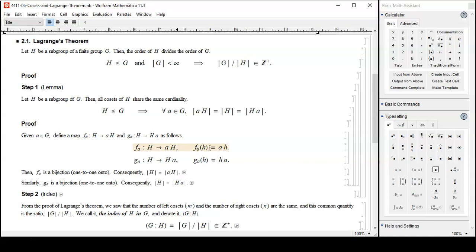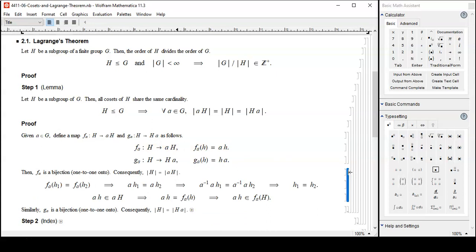That means if I have the same function value, AH, then I should have begun from the same h value. And then onto, this will have to cover everything in AH. That's a little bit easier to see, I guess. AH is given by all the A times a member of H.